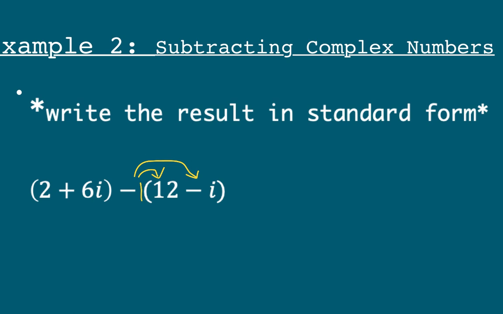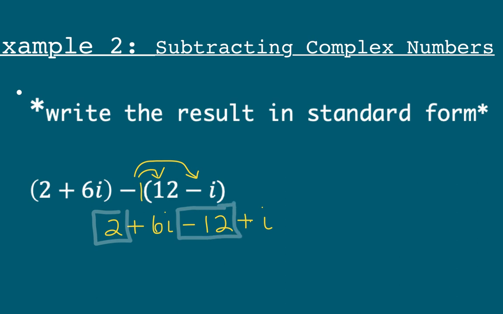So I'm going to remove my parentheses, and I'm going to end up with 2 plus 6i minus 12 plus i. So now let's look for our real parts and our imaginary parts. I have a real 2, which is positive, and I have a real minus 12.